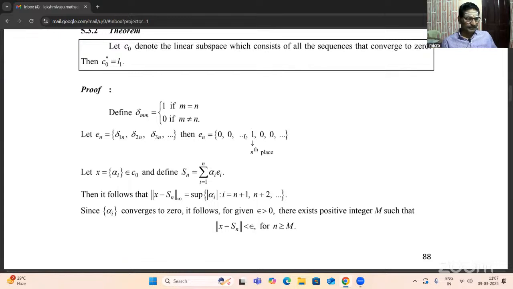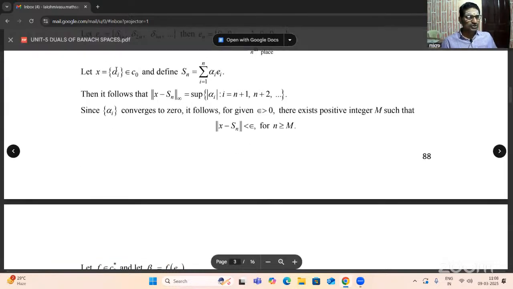Here the value 1 is in the nth place. So x equals the sequence alpha i, and it also belongs to c naught.